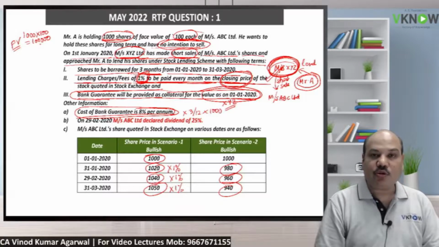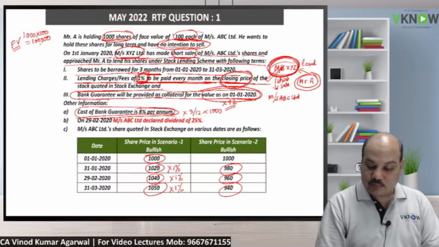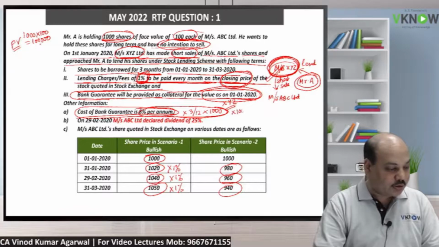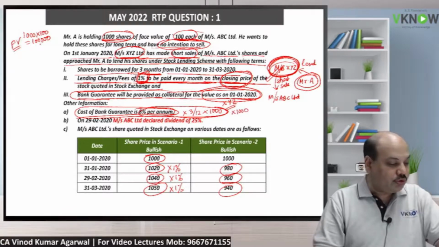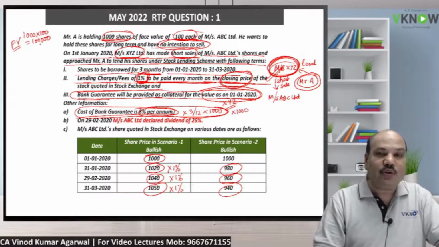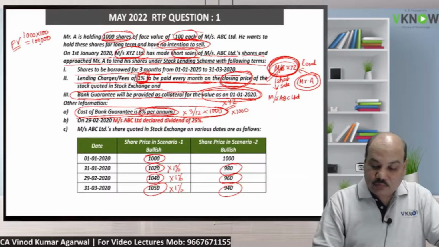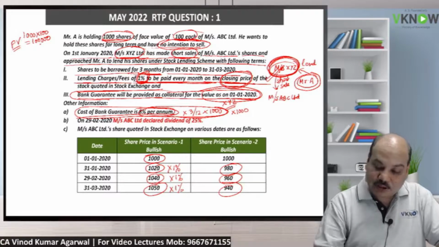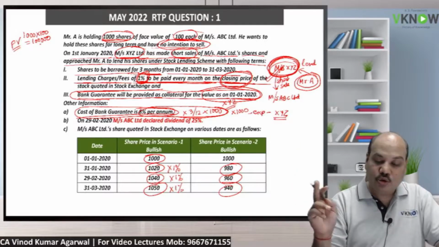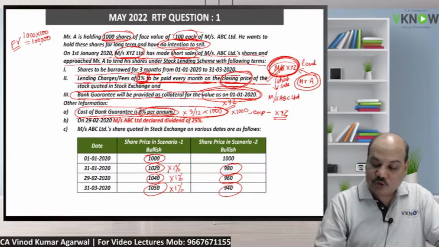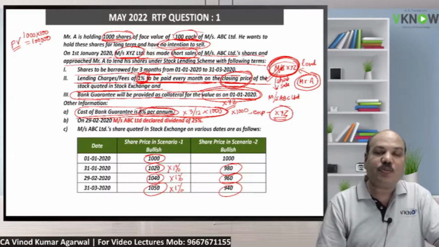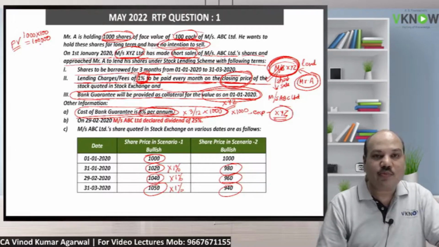So this will be the bank guarantee charges: 8% into 3 by 12 into 1000 into the number of shares, and the number of shares is also 1000. So you'll have to multiply by 1000 to calculate the bank guarantee charges. Bank guarantee charge is an expense to Messrs. XYZ, income of the bank, not the income of Mr. A. So this will be treated as expense of Messrs. XYZ.